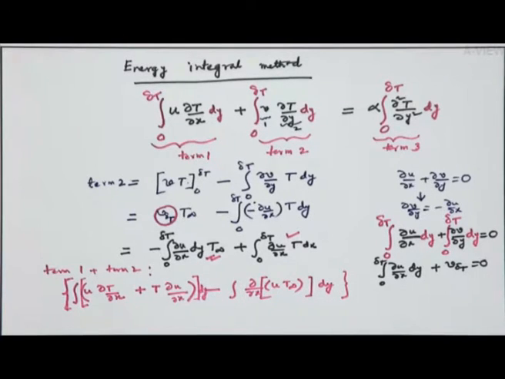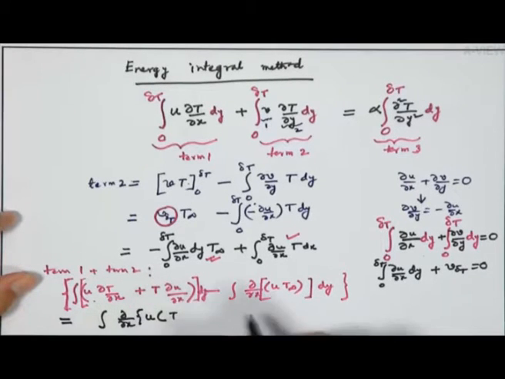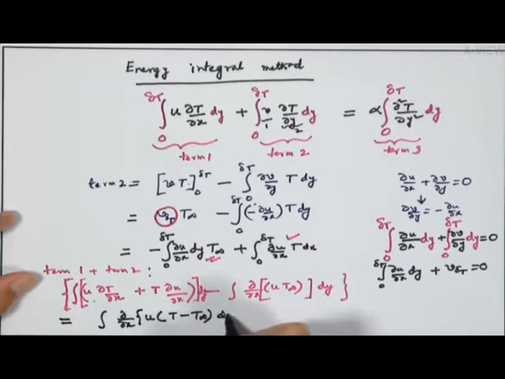Now you can write u ∂T/∂x plus T ∂u/∂x as ∂/∂x of uT. So, this becomes integral of ∂/∂x of u into (T minus T infinity) dy.